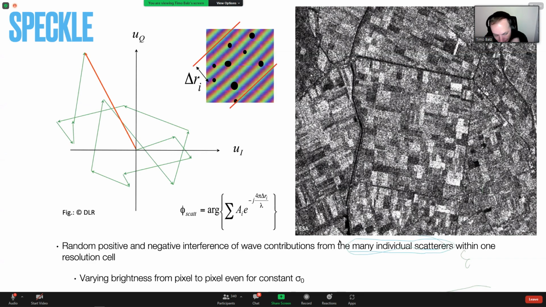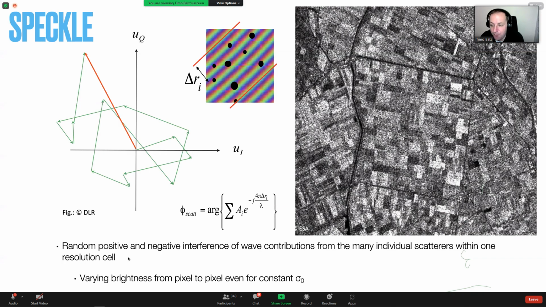Many scatterers in one pixel. That's to say, if we only have one scatterer in a pixel, we do not have speckle. Speckle comes from many small scatterers in one resolution cell. If we have that, then we have speckle. If we would only have one, we do not have speckle.